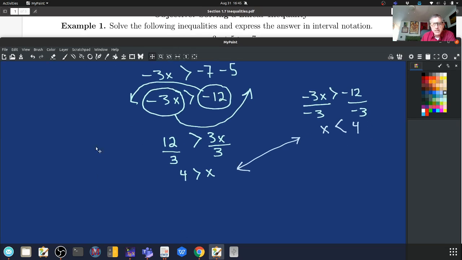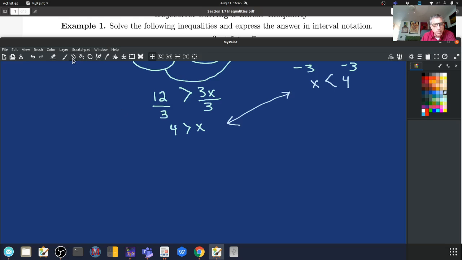Well, we're not quite done because we want to express the inequality as an interval. Many of you don't have to draw the number line. The only reason I'm drawing it is because it helps you visualize a little bit better until you feel comfortable enough to do it on your own without drawing.